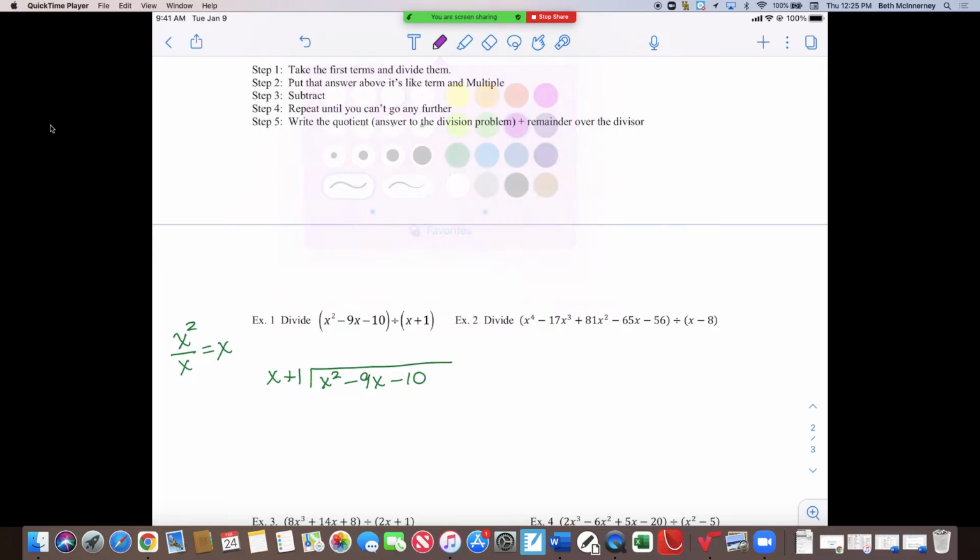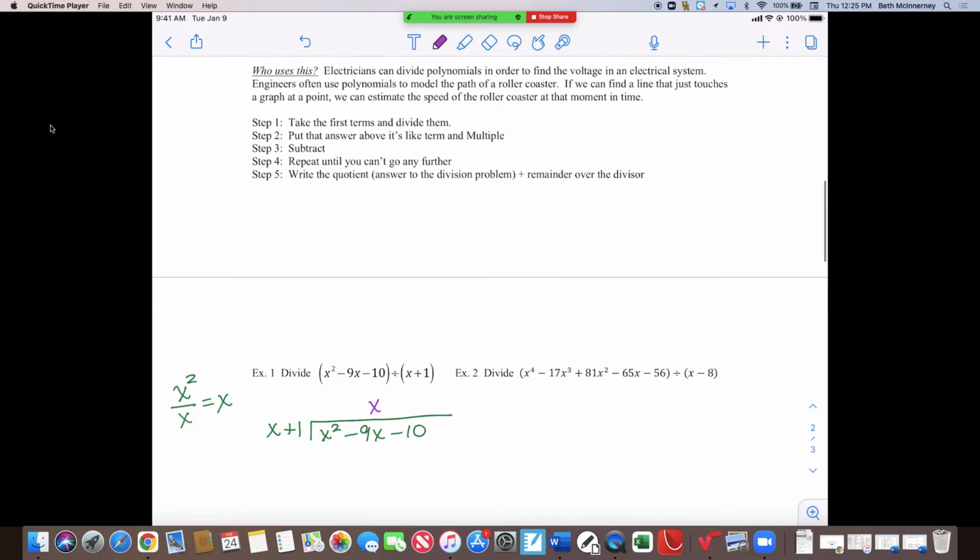I'm going to use different colors because this can get really confusing. If you're a little bit behind me, you can get lost in what I'm doing, so I'm going to pause, go slowly, and repeat myself. Watch this. I'm going to put the x above the like term. You see where the minus 9x is? So I put it up here. Now let's scroll back a moment.